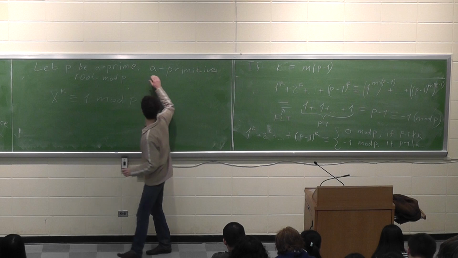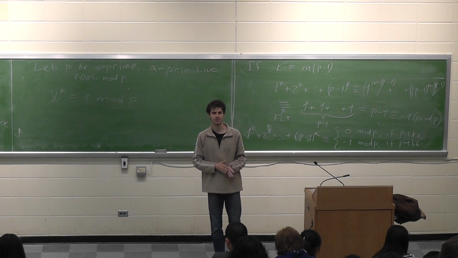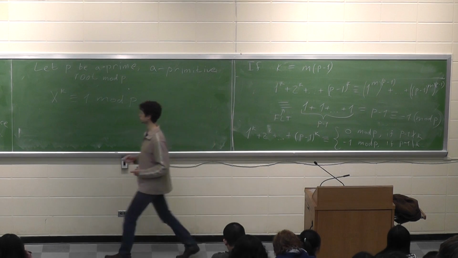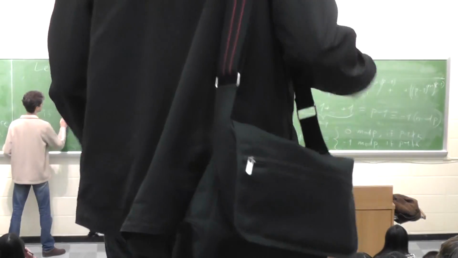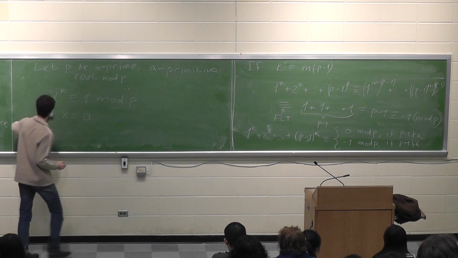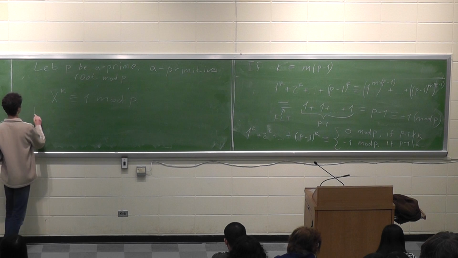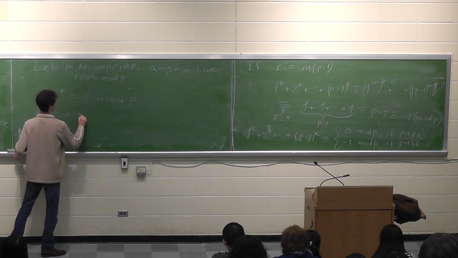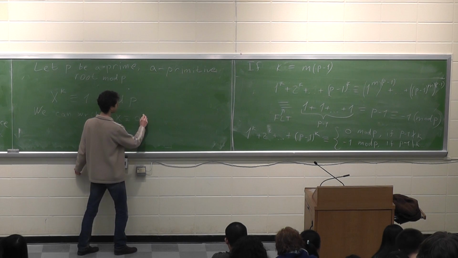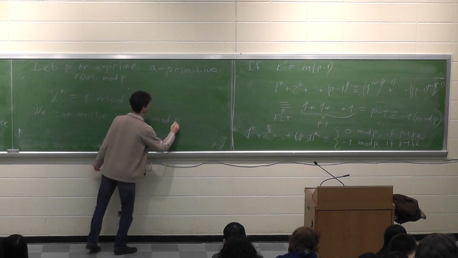Now I claim that if I know a primitive element, I can write down all possible solutions. Indeed, every solution should be some power of the primitive element. Of course, it's not an assumption, I can just write x as a to some power, a to the power i, modulo p.